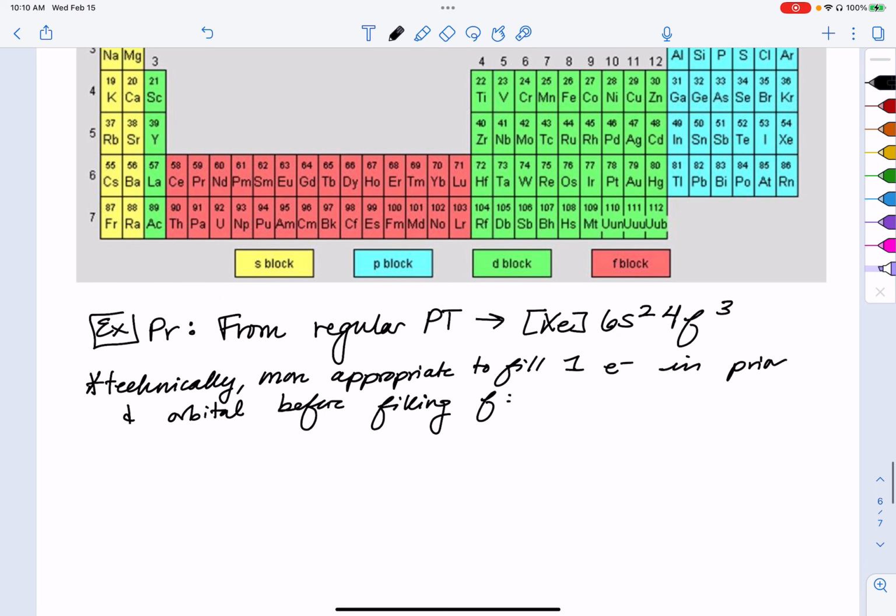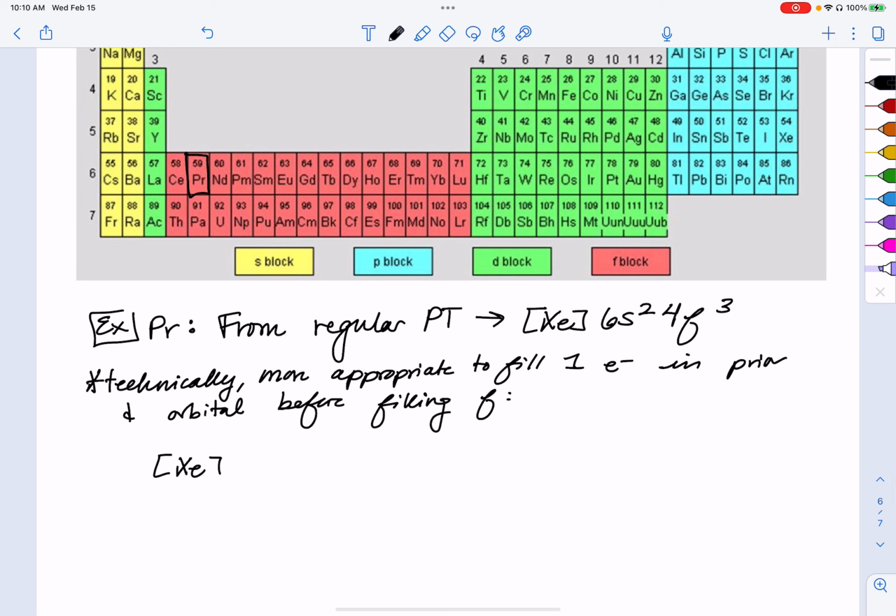So if we were to do that for, again, Pr, going all the way back to the first preceding noble gas, that would still be xenon. This would be xenon.